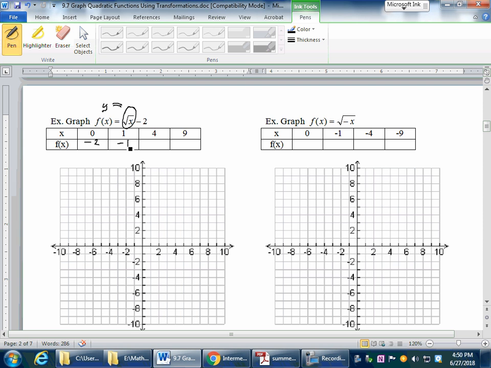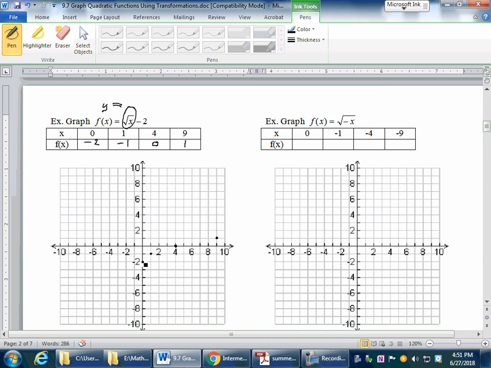Square root of 4 is 2, 2 minus 2 is 0. Square root of 9 is 3, 3 minus 2 is 1. So my graph now becomes: at 0 will be negative 2, at 1 will be negative 1, at 4 will be 0, and at 9 will be 1.